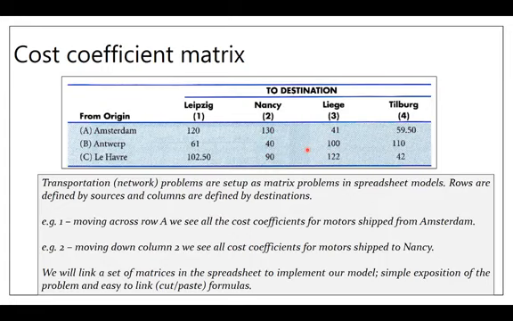A very typical thing would be for a statistician to look at this and say, well, I'm going to take the average cost of shipments to Tilburg and compare those to Liège and compare those to Nancy. Then, if we had to decide which assembly plant to shut down, and we wanted a measure of the total cost, and which one is costly for us to get these motors from these sources into the assembly plants, we'll figure it out using an average statistical basis.